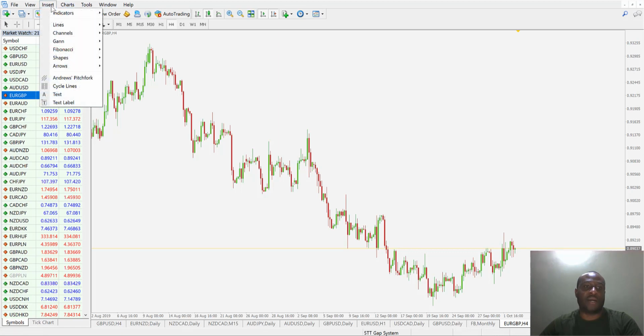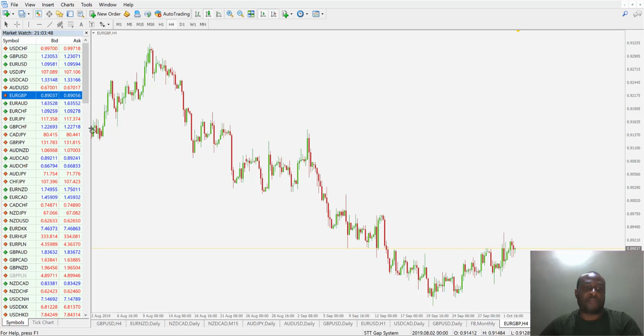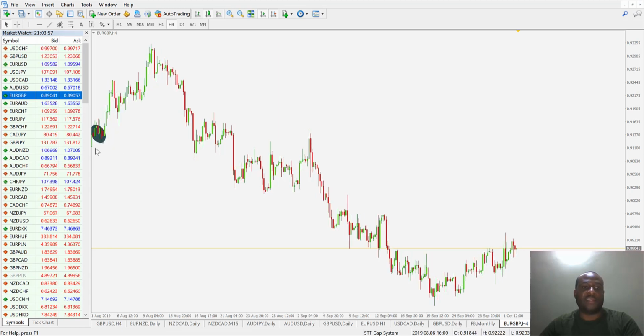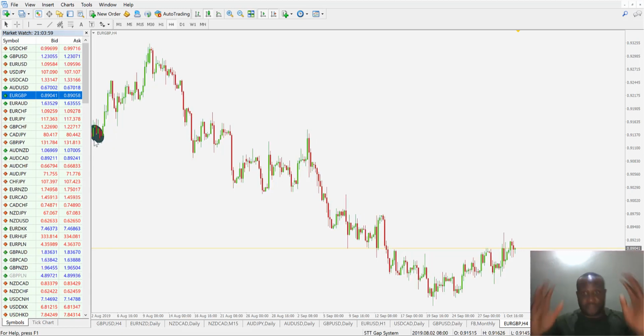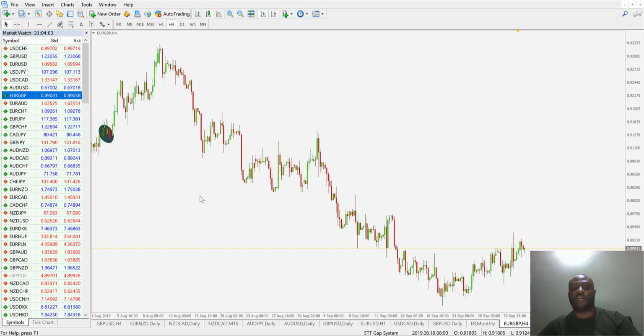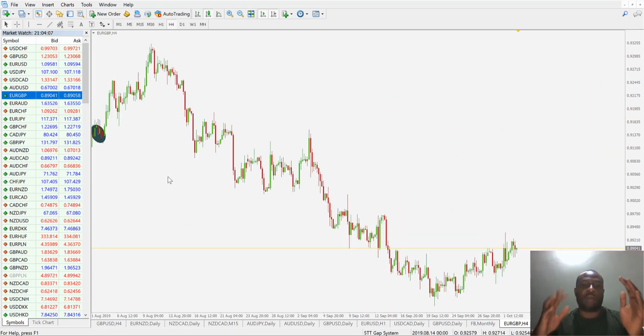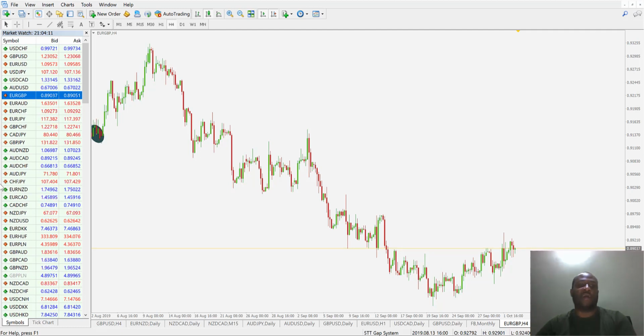Let me grab my shapes. So you can see that price clearly started around here on this frame that I'm looking at. If you move the chart backwards, you can see different things, but I'm just saying where I'm looking at right now, that is visible to me right now.